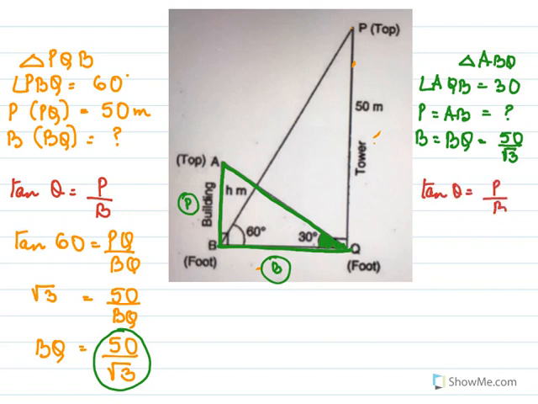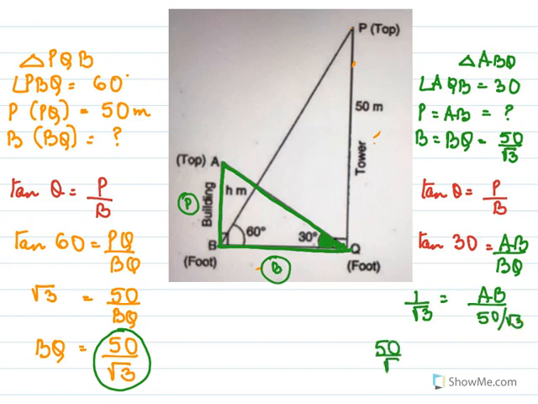Now again we use tan theta equals perpendicular over base. In this, theta is 30. Perpendicular here we see is AB, which we don't know, and that is our question, to find the building. And our base is BQ. Tan 30 is 1 by root 3, equal to AB, which we don't know, over BQ, which is 50 over root 3.